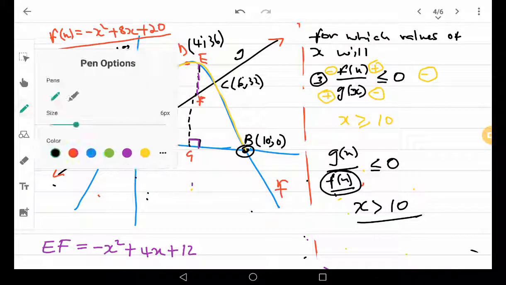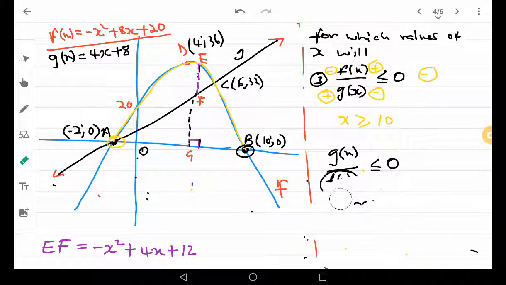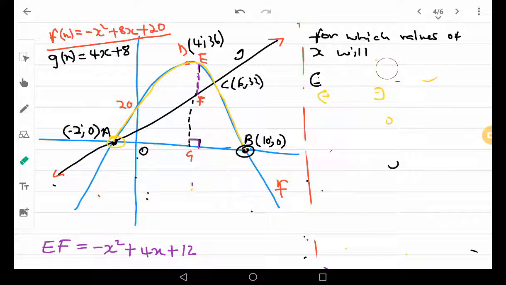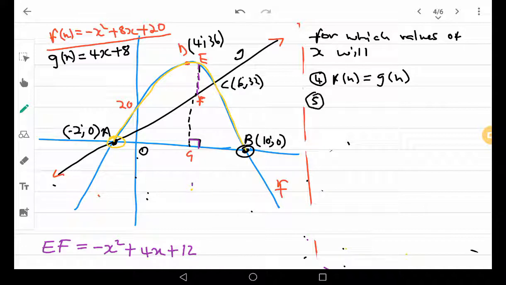Then we can discuss the last few easy ones. We can discuss this one. Four, f of x is equal to g of x. Then 5, f of x minus g of x is equal to 0.